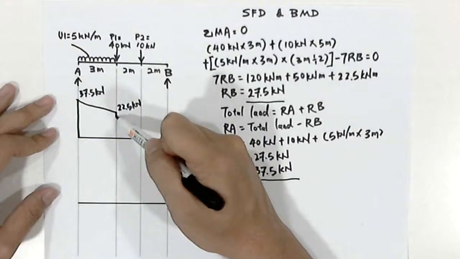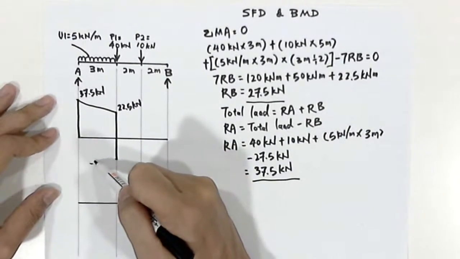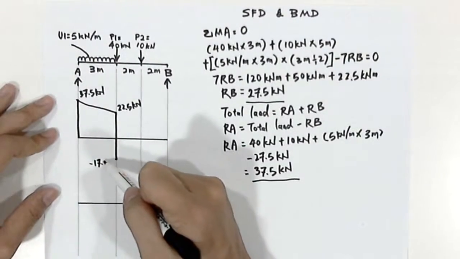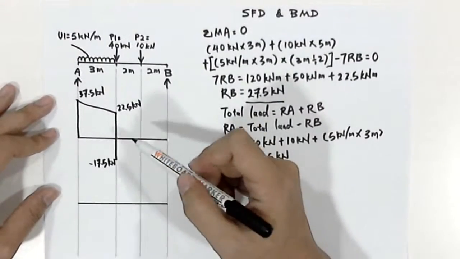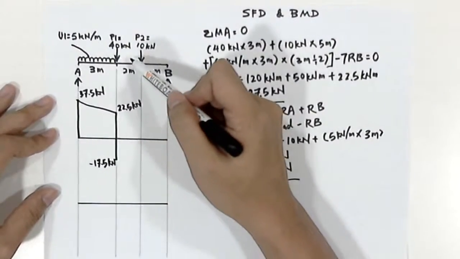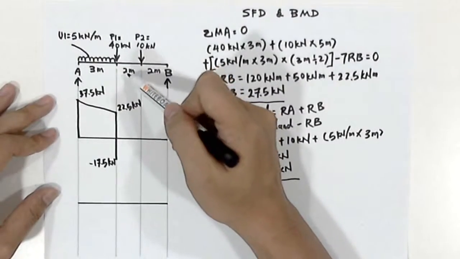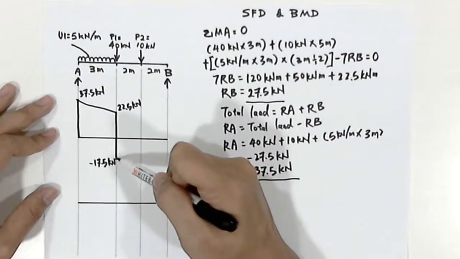And the value that we'll have will be negative 17.5 kilonewton. And when we look at this band, there's no force on this 2 meter span. Therefore the shear force will stay the same.